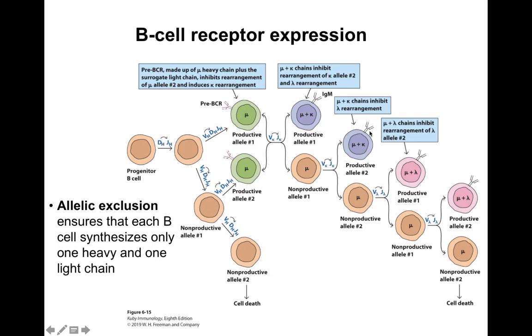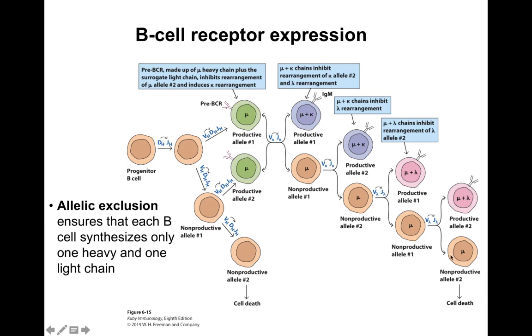go to the surface. If it isn't productive, however, it has two more tries because it can try the lambda genes, and there's two alleles for the lambda light chain gene. And if that one is productive, it will put a B cell receptor on the surface based on that lambda gene that was recombined. If it's not productive, though, it has one more try because it has a second allele for the lambda chain to try.